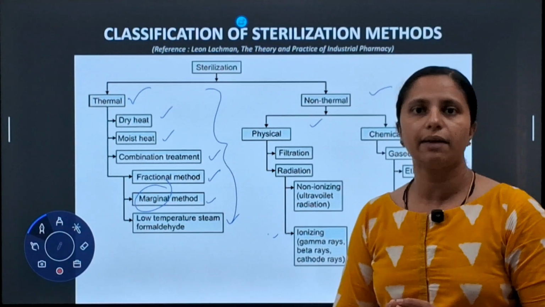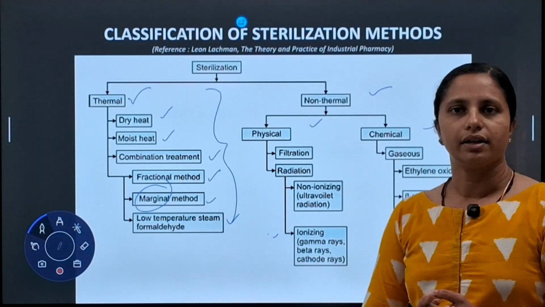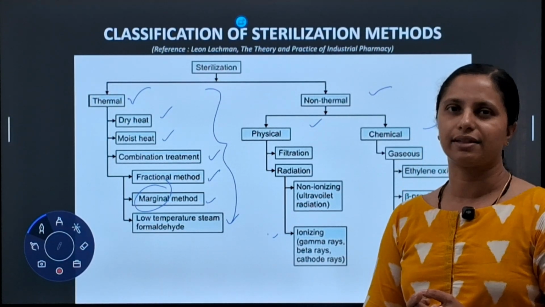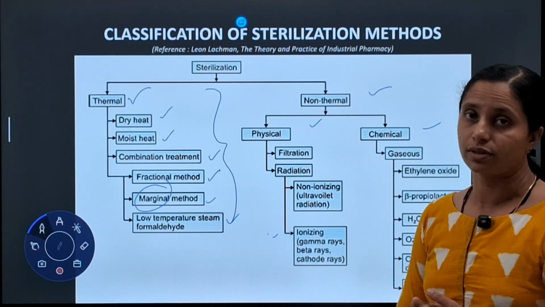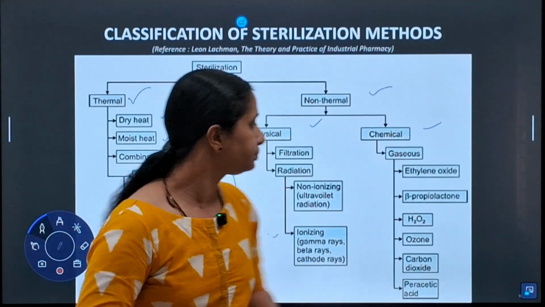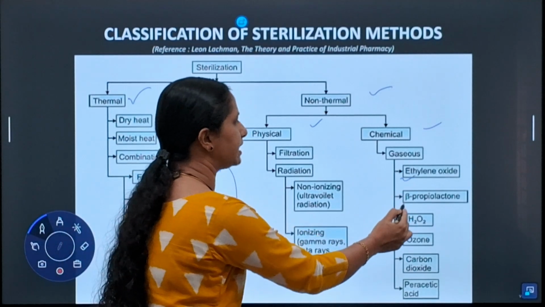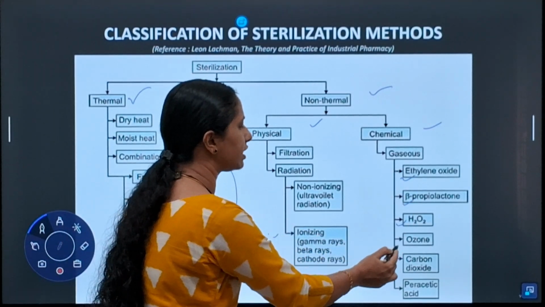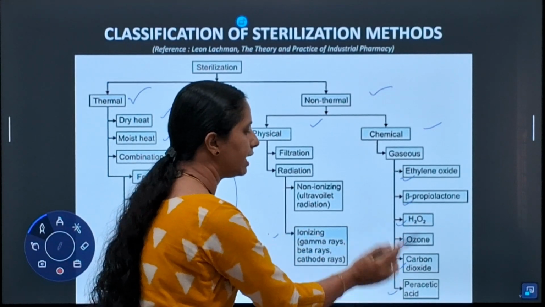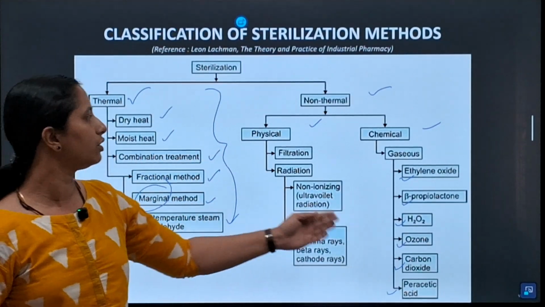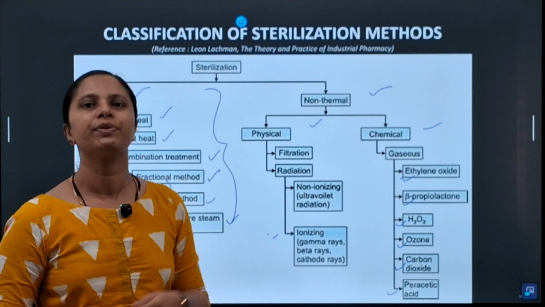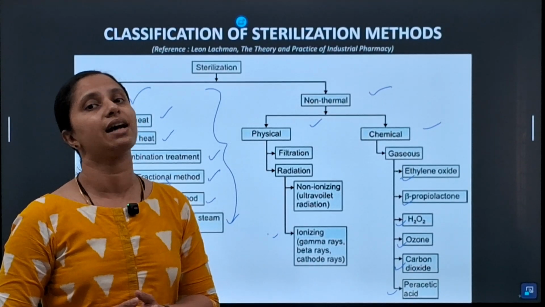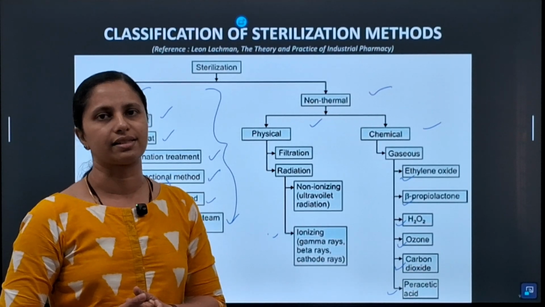Okay. Then chemical methods of sterilization, it includes gaseous methods mainly, and many gases we use for this process nowadays. For example, ethylene oxide, beta-propiolactone, hydrogen peroxide, ozone, carbon dioxide, peracetic acid. So normally the gases used in chemical sterilization can be classified into oxidizing gases and alkylating gases.